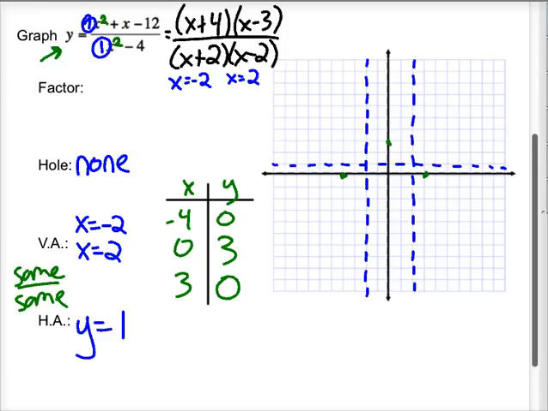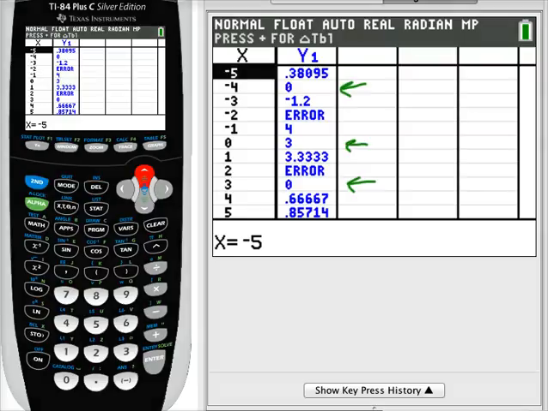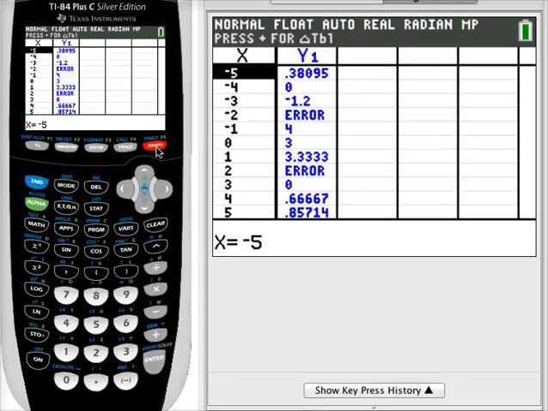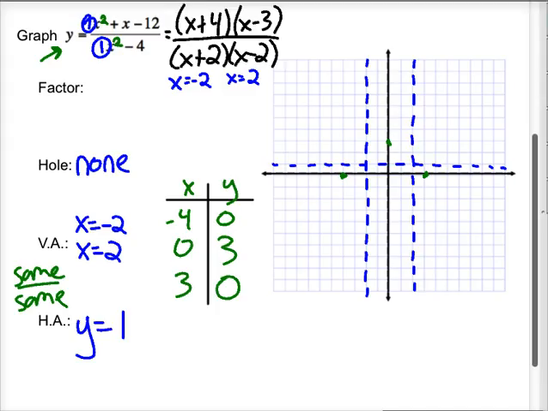Okay, and again, where did that come from? Well, I went second graph, and that's how you get to the table. So once you see the general shape, I want you to just grab a couple points for me. Once you have those points, that's all you need, and now you can just sketch the rest.